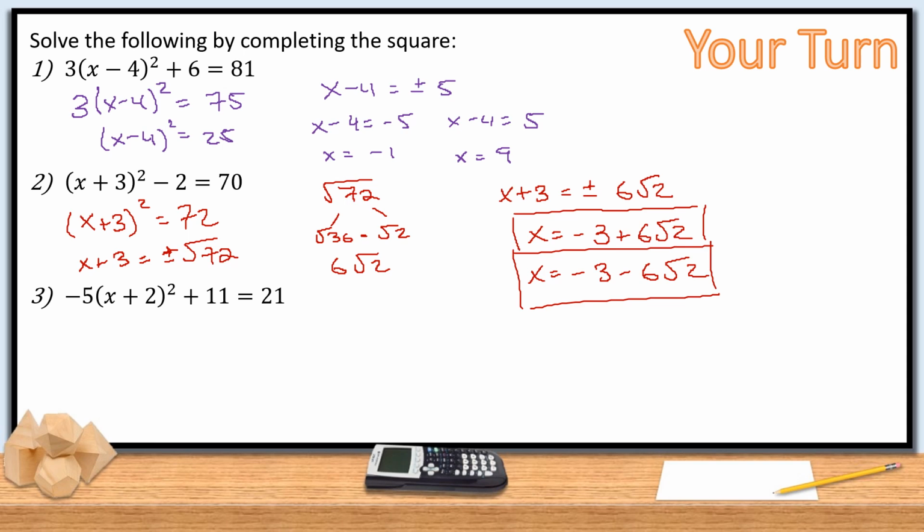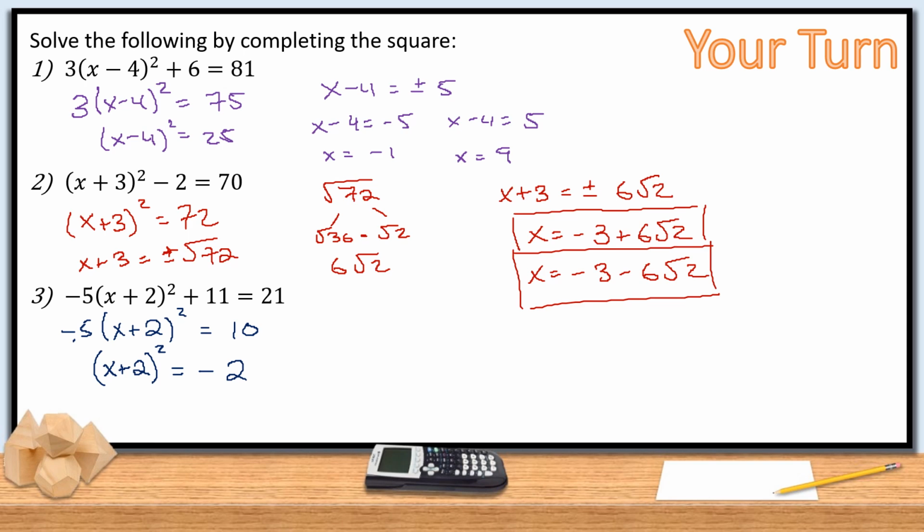And then the third one. So let's subtract 11 from both sides. Minus 5 times x plus 2 squared is equal to 10. Divide by negative 5 on both sides. X plus 2 squared is equal to minus 2.